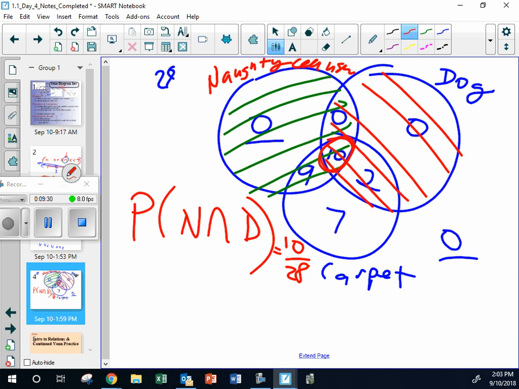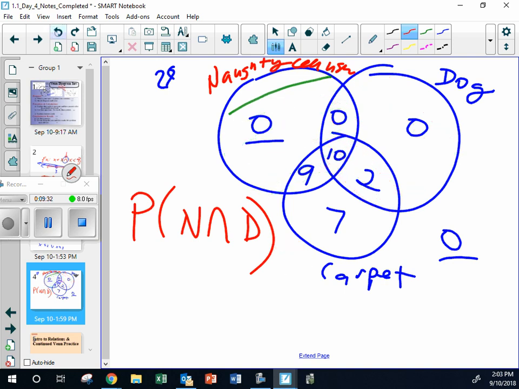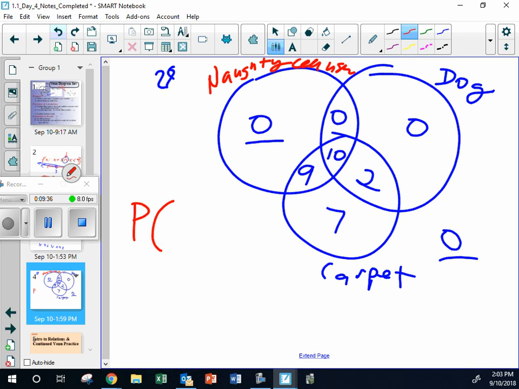I'm going to erase that, and I'm going to ask you to do a couple that are, well, not necessarily more challenging, just different. What's the probability of dog union N?